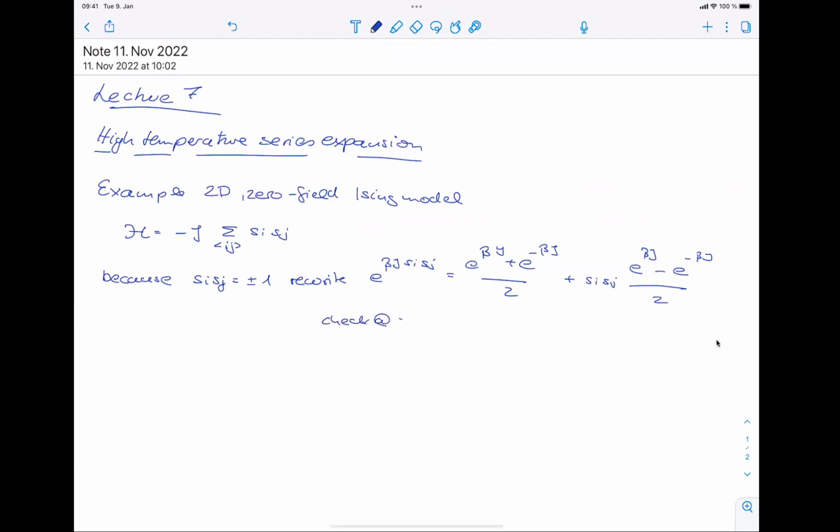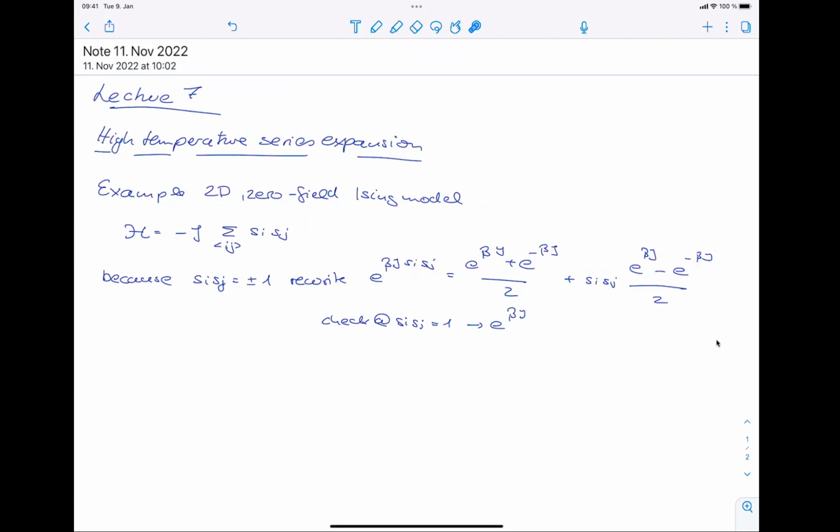So at Si Sj equal 1, right? If Si Sj is equal 1, we would expect this factor to be e to the beta J, right? And so if we do this, Si Sj is equal 1 here, then these two terms cancel, and I have e to the beta J halves plus e to the beta J halves.